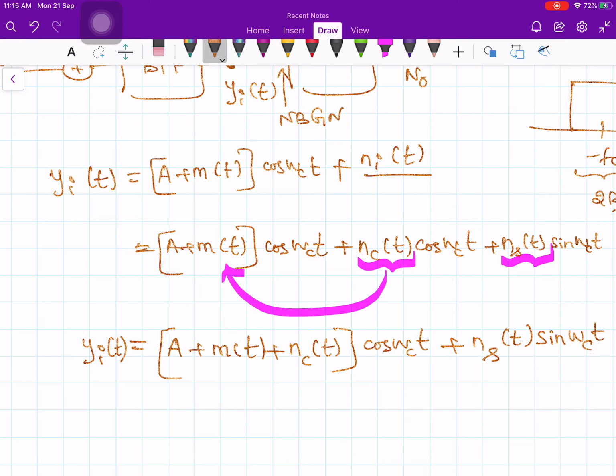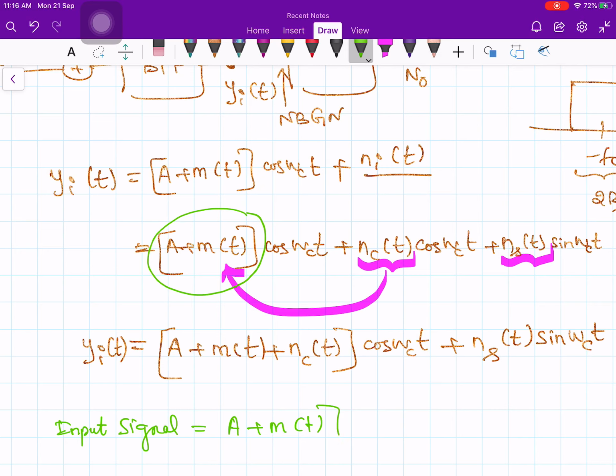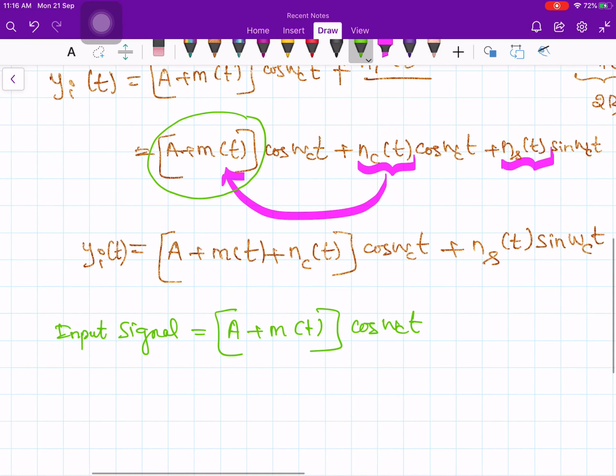Now let us write down the expression for your signal component. What is the signal component? This is my signal part. The input signal is equal to A plus m of t times cos omega c t. What is the power in it?